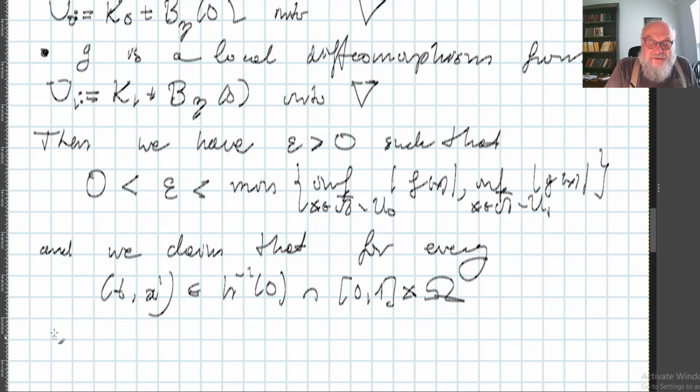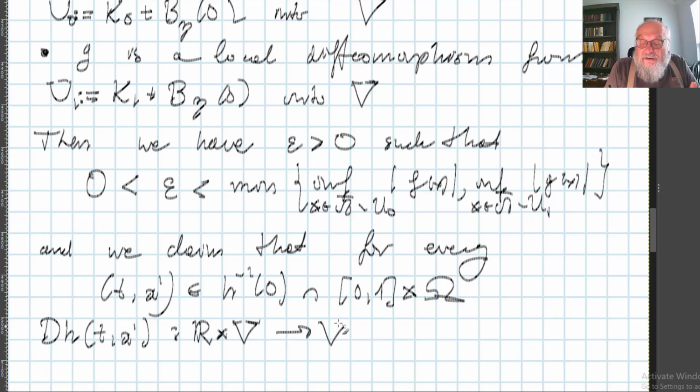It is a regular value, so the derivative dh at that point, mapping R times V to V, is surjective.